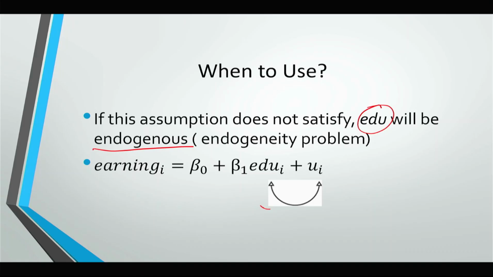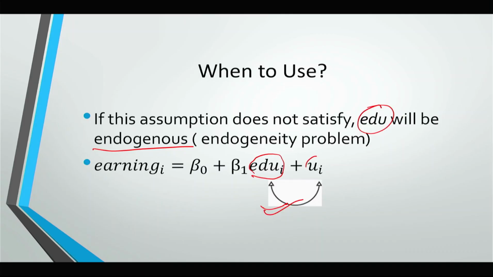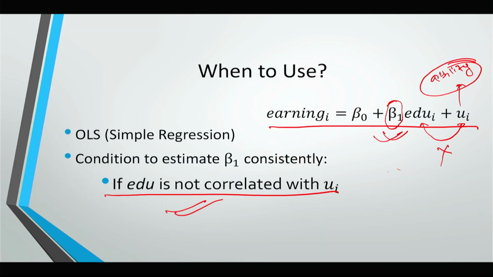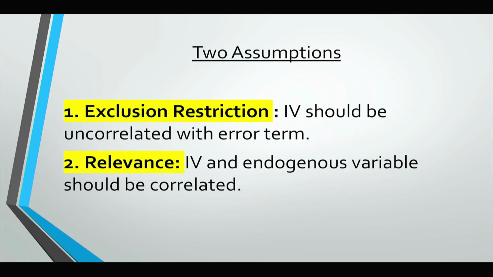If we are not able to measure ability, it always remains in the error term, so the error term and education will be correlated. So we cannot estimate this beta 1 consistently, right? That's why we need to use other methods, and one of them is IV.